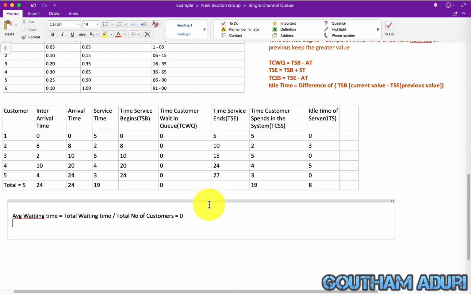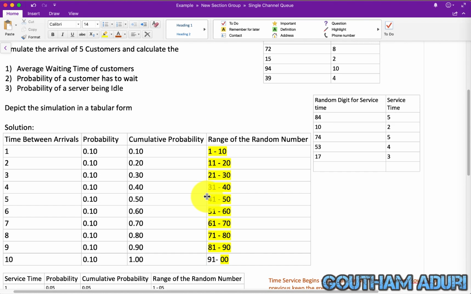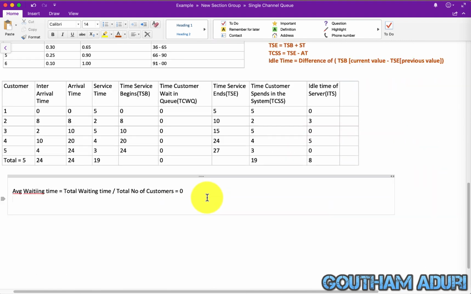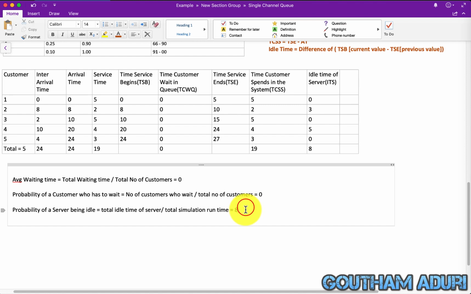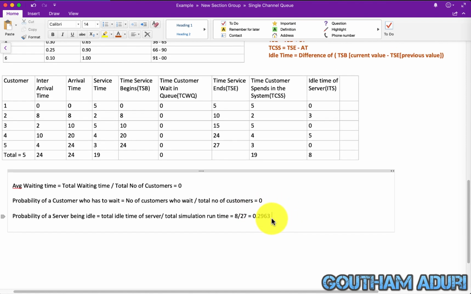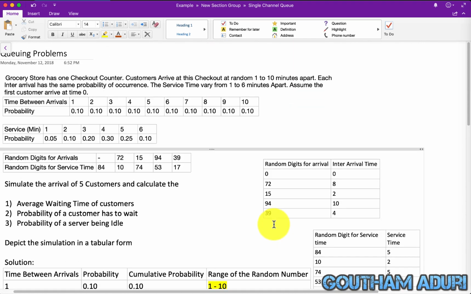It's always 0 because the next one is... Probability of a customer who has to wait: it ends, I think, at 27. So 8 divided by 27, so it's 0.2963. So that is the kind of problem that we have to solve.